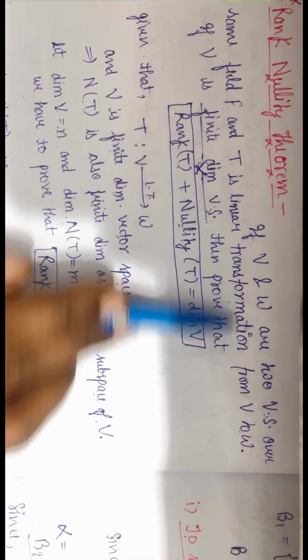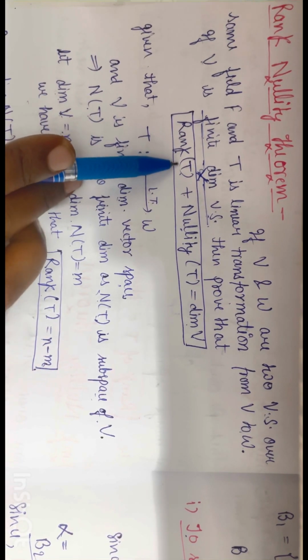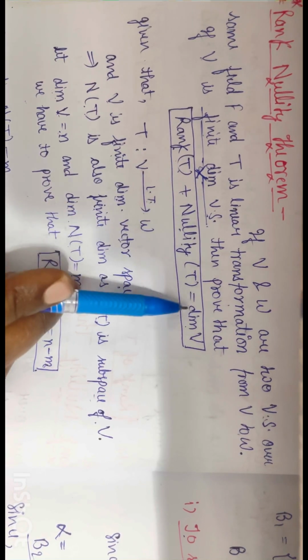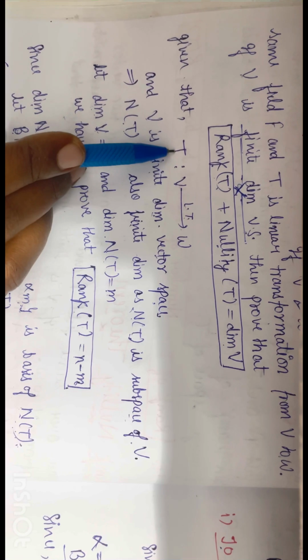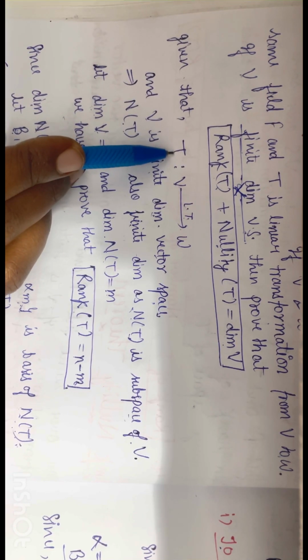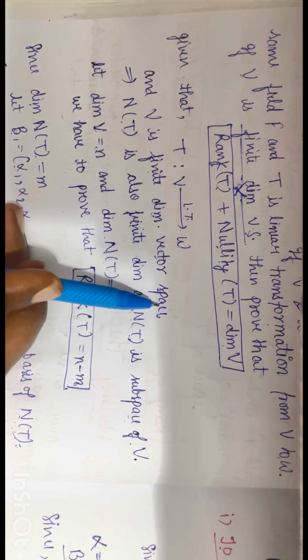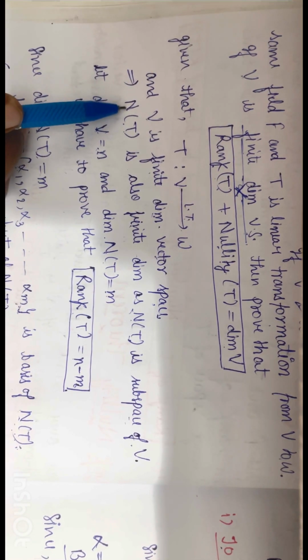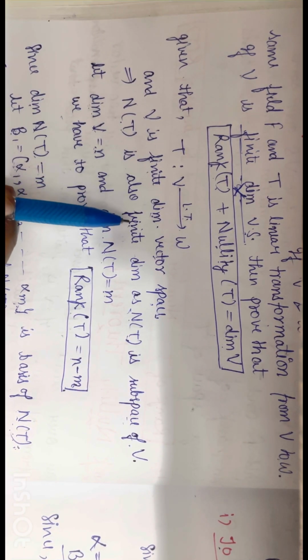Its statement is as given. Now we have to prove that rank of T plus nullity of T will give dimension of V. So here, given T is the linear transformation mapping from V to W, V is a finite dimensional vector space. Here the null space of T is also a subspace of V which is also finite.